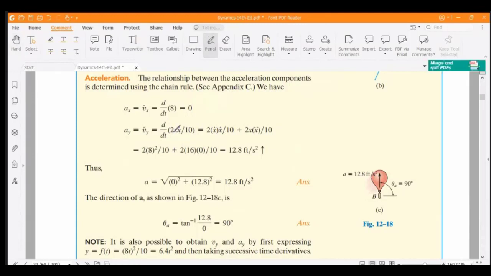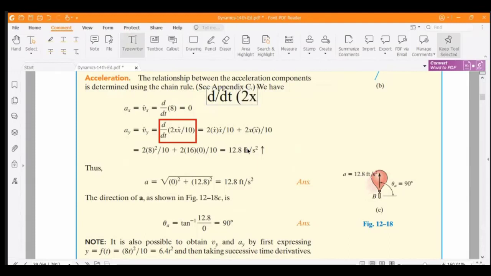Again, these two, this one is okay. Let me divide this one. After this point, I am writing here. Actually, it is d by dt.